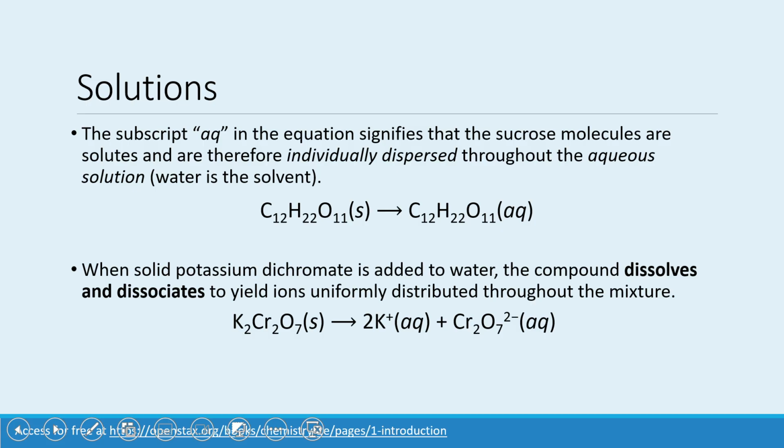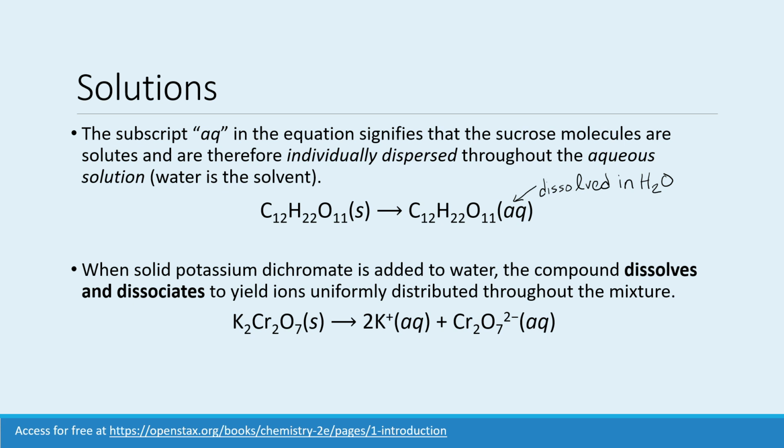So keep in mind that when you're looking at balanced chemical equations, when you see that parentheses AQ, right, that just means that that solid has been dissolved in water. Okay, so in this example, we have sucrose that is being dissolved in water, and that's what we call a covalent compound. So it's not going to dissociate, but it will dissolve.